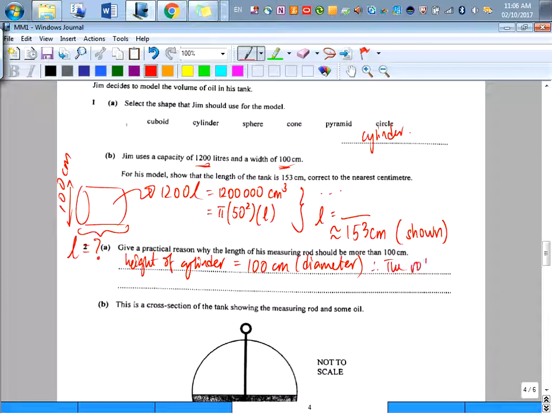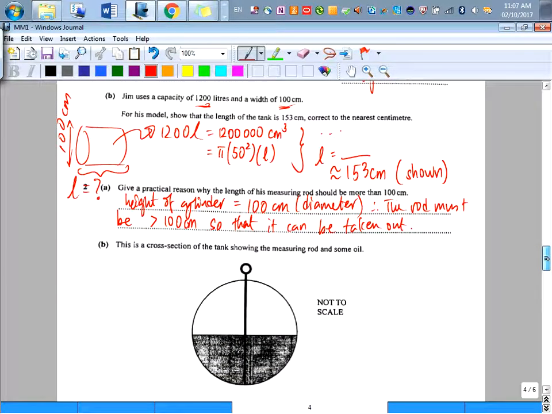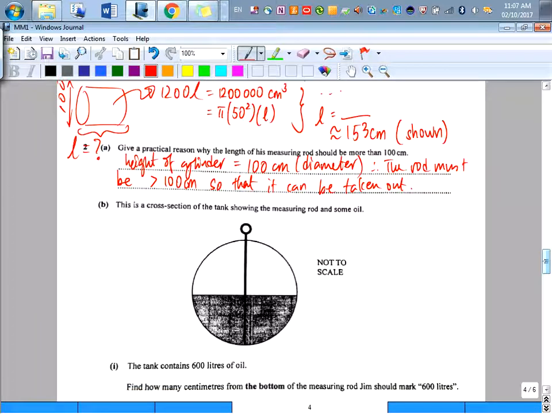So the rod must be greater than 100 cm, cannot be equal to 100 cm also, so that it can be taken out. I'm not sure if you all can see clearly.